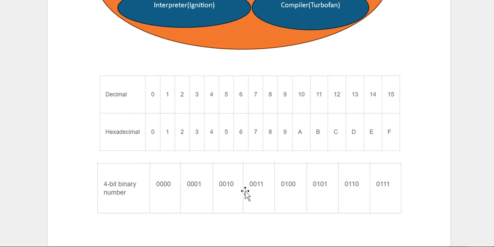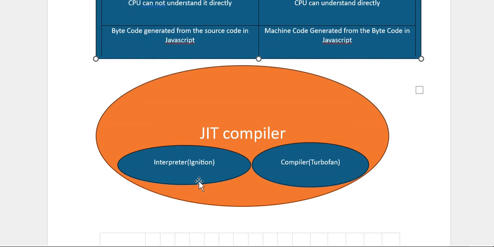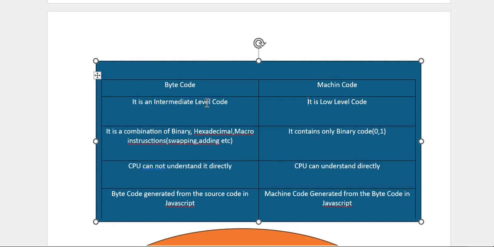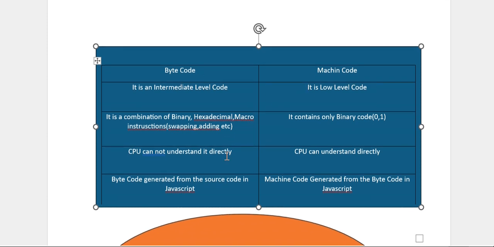Binary is 0 and 1: 1 is converted into 0001 in 4 digits, 2 into 0010, 3 into 0011, and 4 into 0100. So that is binary. You can understand the difference between hexadecimal and binary. That is the main difference between bytecode and machine code, so you can understand.